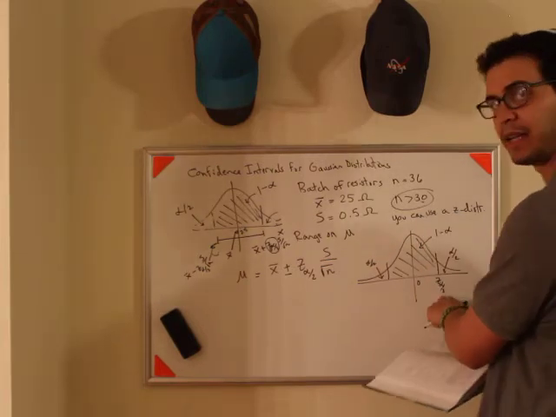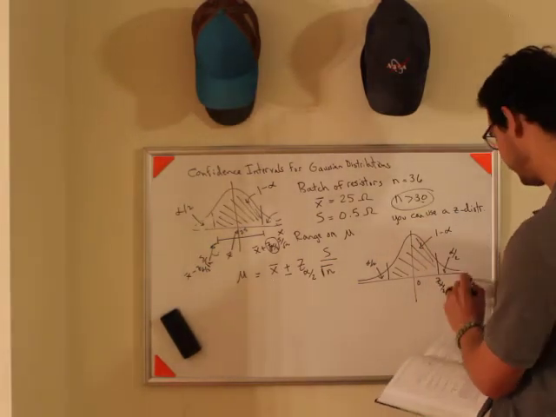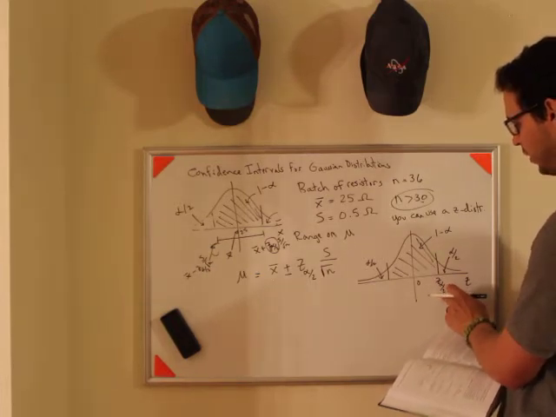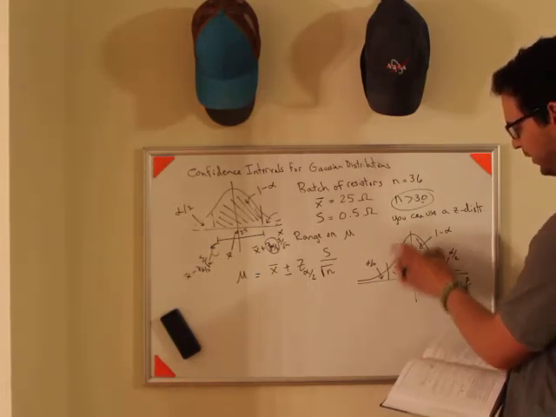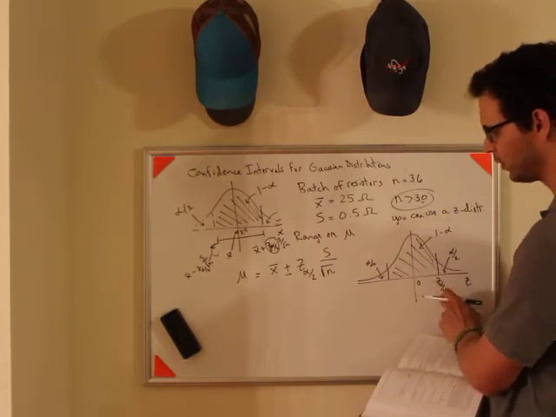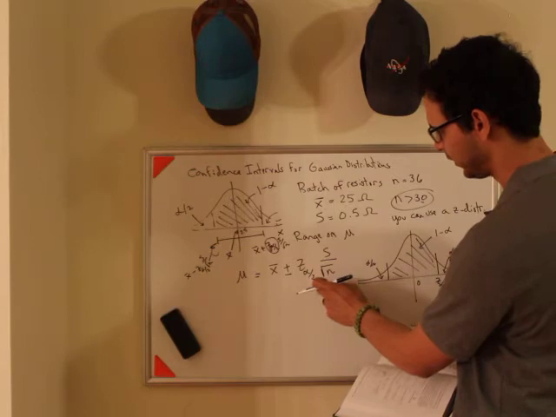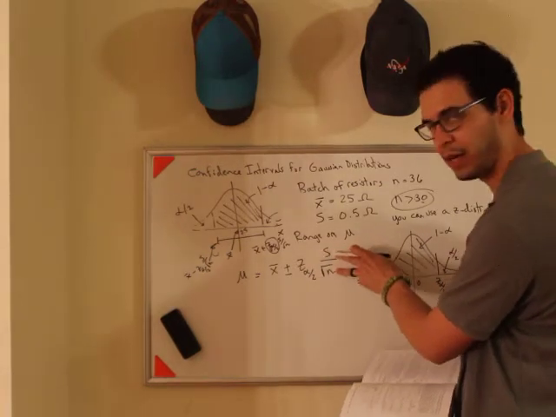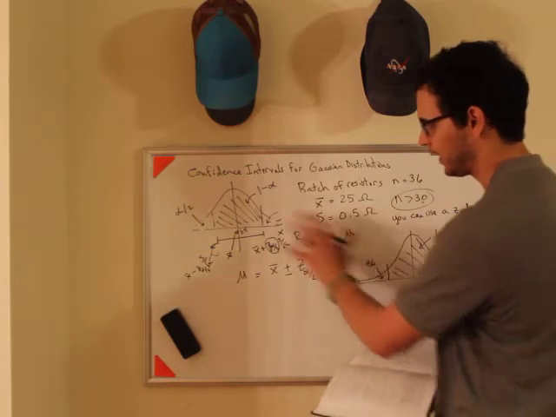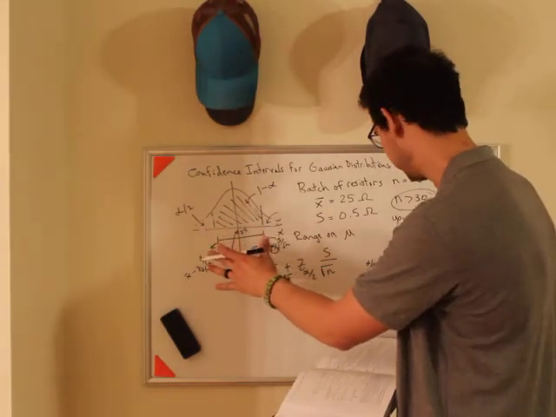Because if I find this number on the z-axis, I know that the area under this curve is 90%. And then I'm going to translate it by multiplying by s over root n to get it to my 90% confidence.